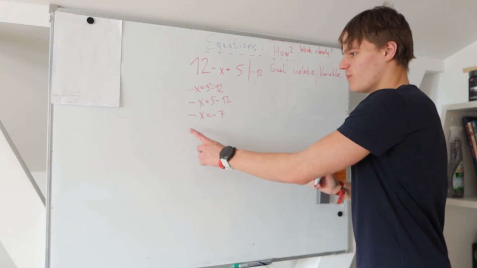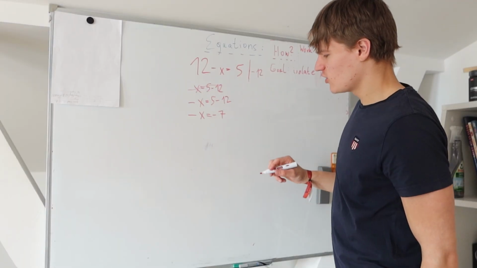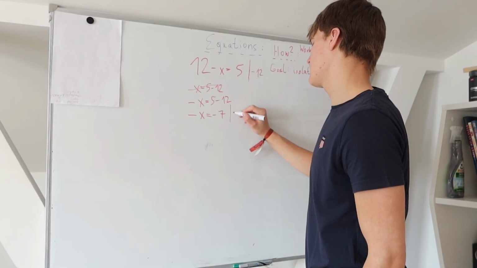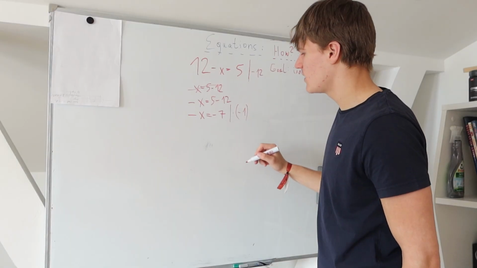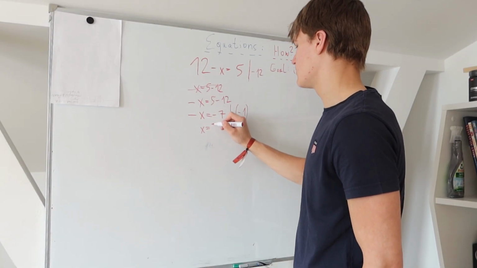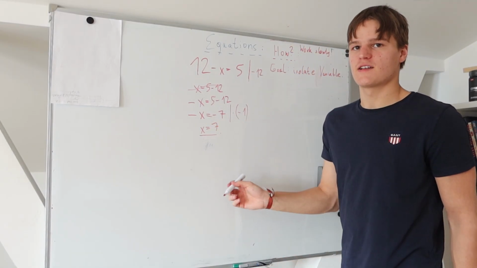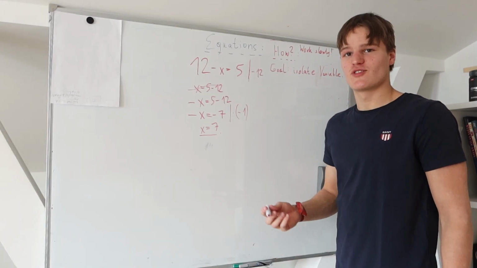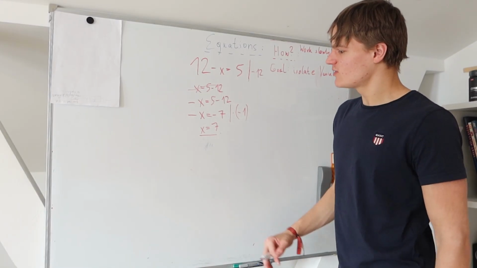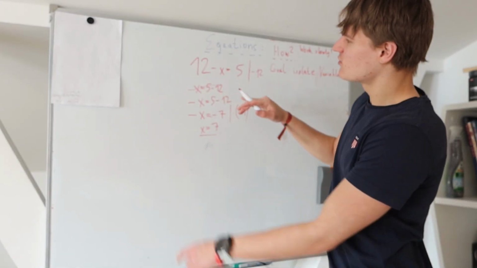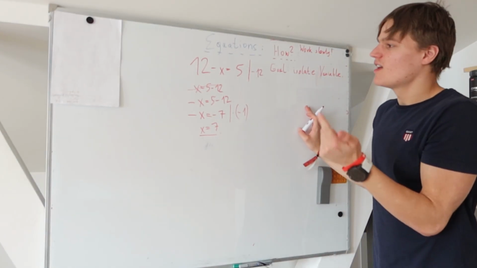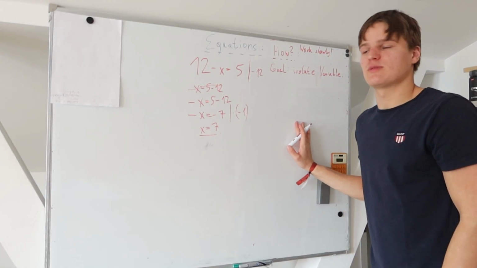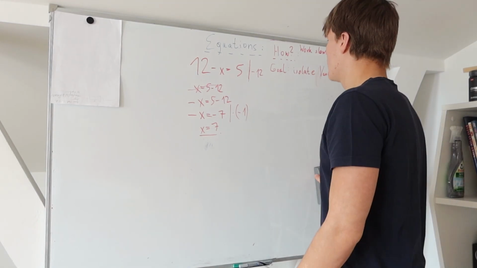Now we have minus on both sides, so what do we do? Put down the line and go times minus 1, right? And you just have x is equal to 7, that's it. That's the answer. Why is it correct? As I mentioned previously, it's already solved. If you plug in 7 for x, 12 minus 7 is 5, and 5 is equal to 5, and so that is why it is correct.